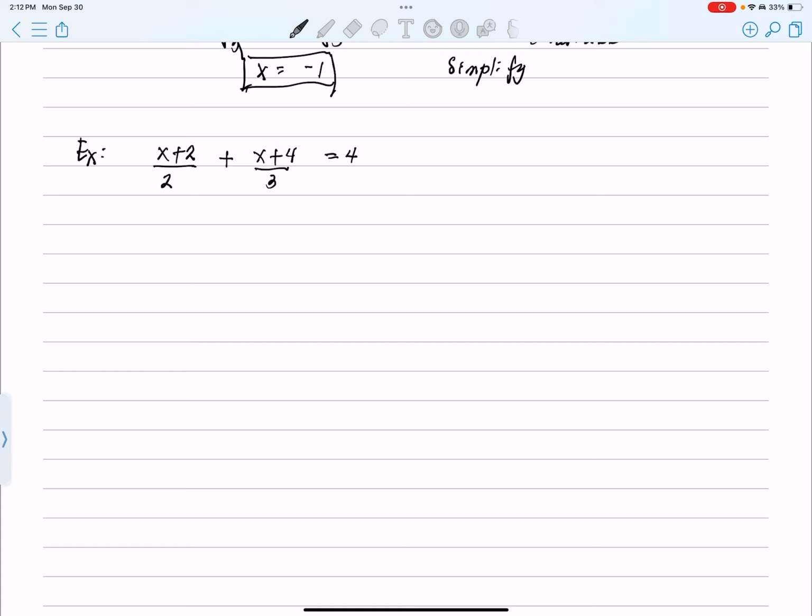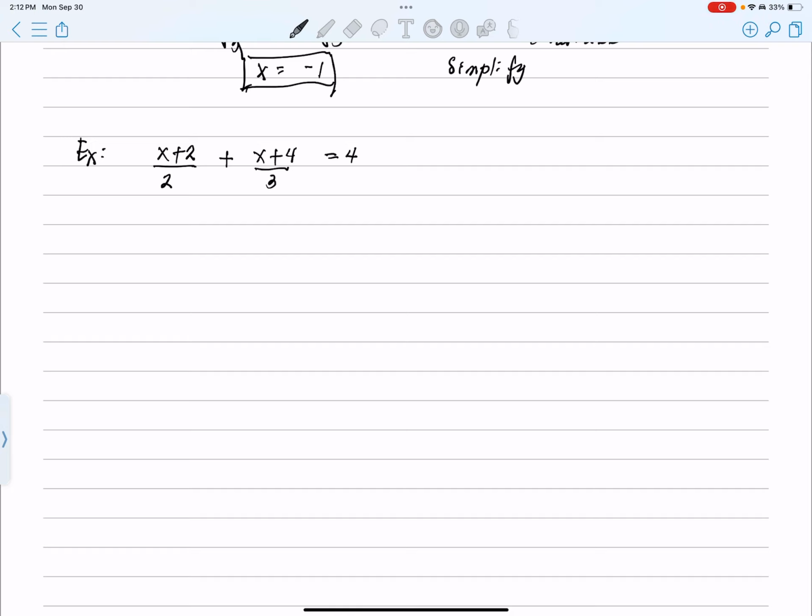So when we see fractions, the first thing that will come to our mind is to get the least common denominator. So between 2 and 3, we could say 6 as our common denominator. So I will show you the first way how to do it. And next, I'm showing you the fastest way how to do it. Okay? So let's do this.